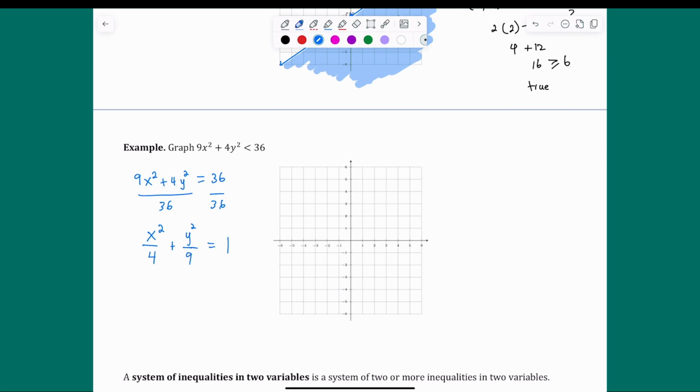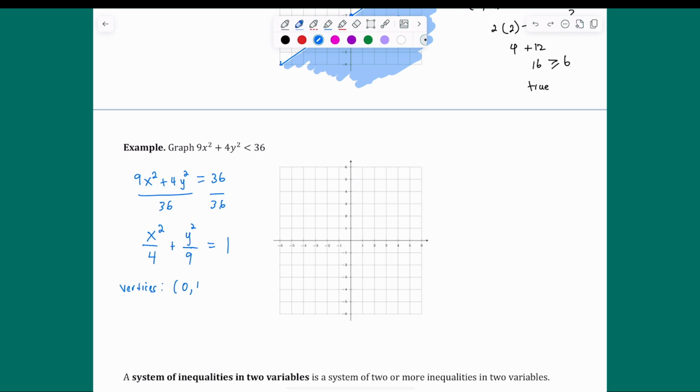Okay, so this is an equation of an ellipse where it will be centered at 0, 0, and it would have vertices, which are just the extreme ends of the ellipse, which in this case are going to happen going vertically on the y-axis. And so it's going to have the form 0 plus or minus b in this case, or plus or minus a, depending on what form you're following. But it would be 0 plus or minus 3.